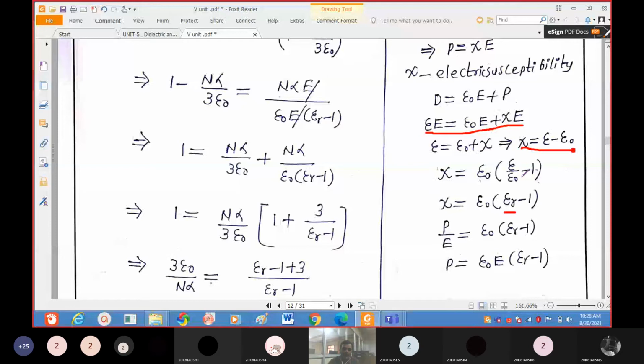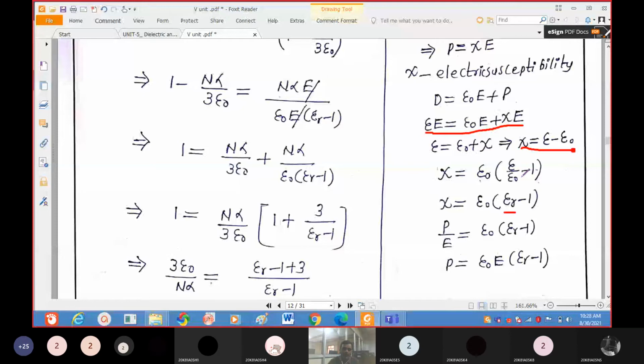Here, what is the dielectric constant? Epsilon r, the relative permittivity, we also call it the dielectric constant. This is the relation between the dielectric constant and the polarizability alpha.